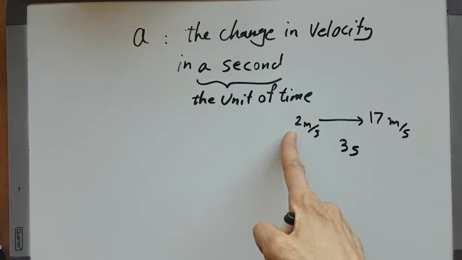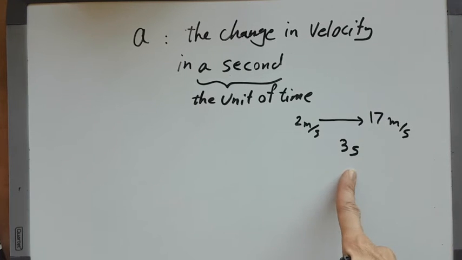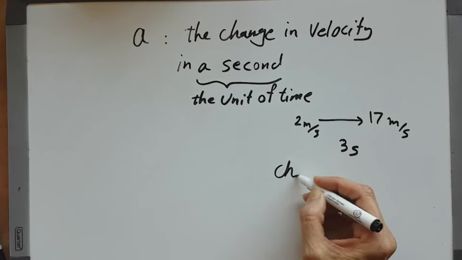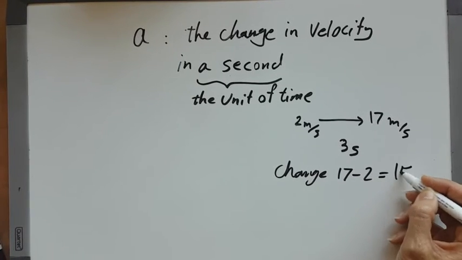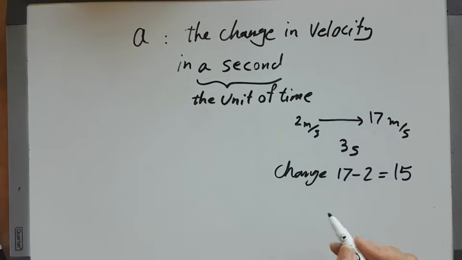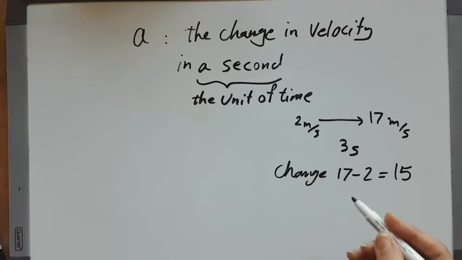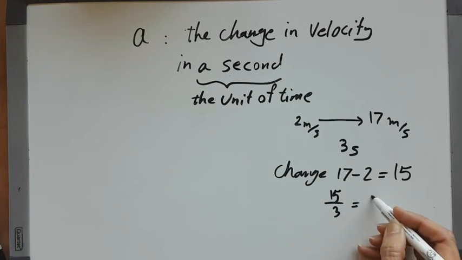So your velocity changes from 2 to 17 in 3 seconds. Of course, the change is 17 minus 2, the change is 15, right? And you want to know how much change there was in each second. Of course, 15 divided by 3 would be 5.